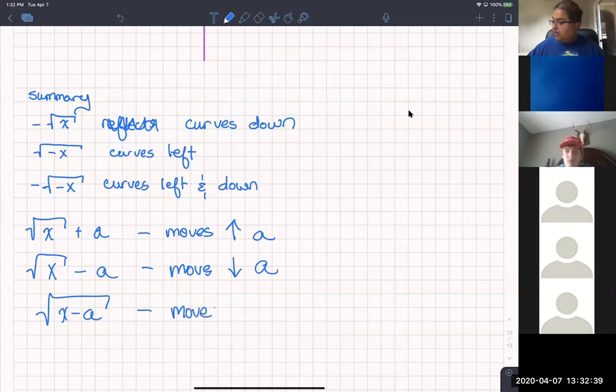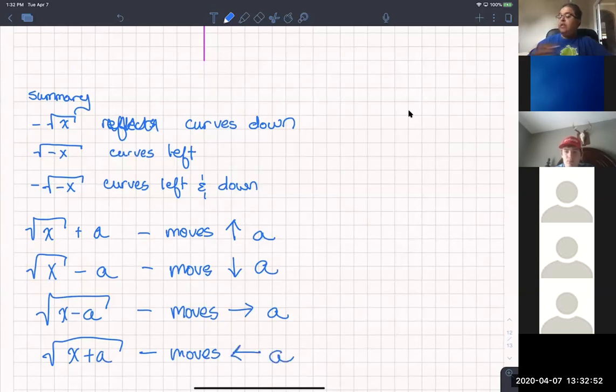Moves right. Moves left. And that's all you really need to know in graphing these things. This is all of it. Up, down, left, right.